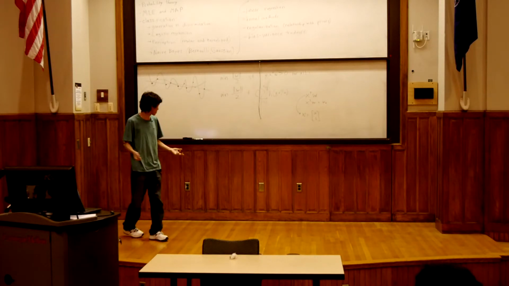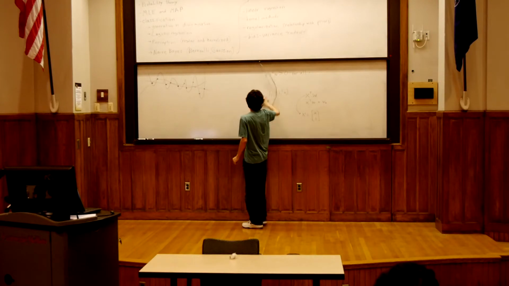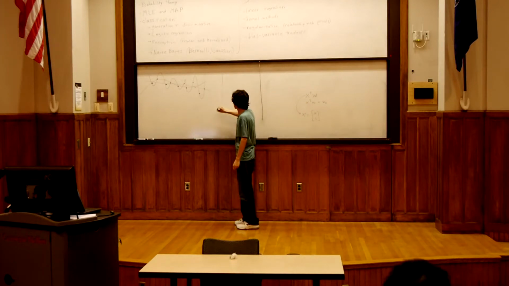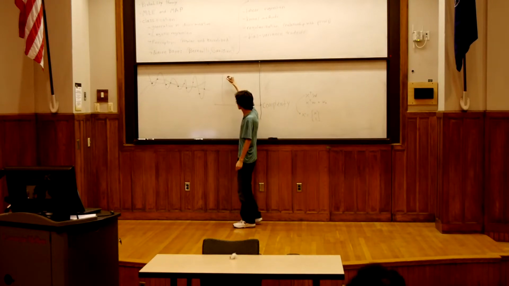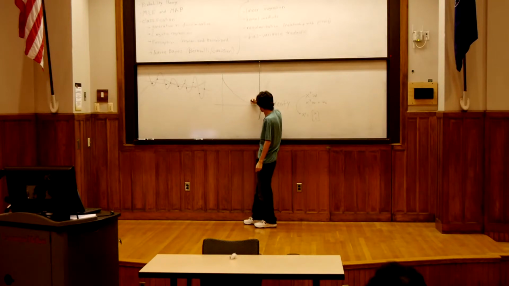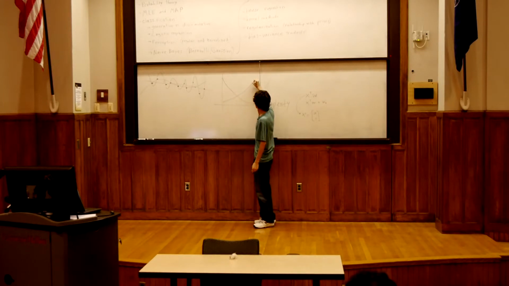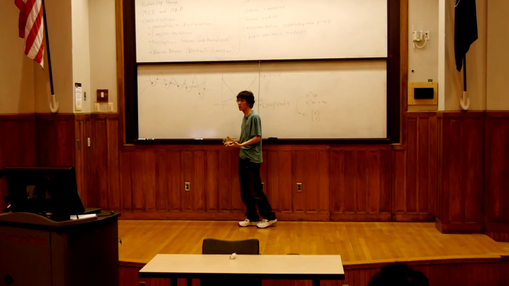If you plot bias and variance with respect to complexity, bias will look something like this, whereas variance will look something like this, and your expected test error is going to look something like this.